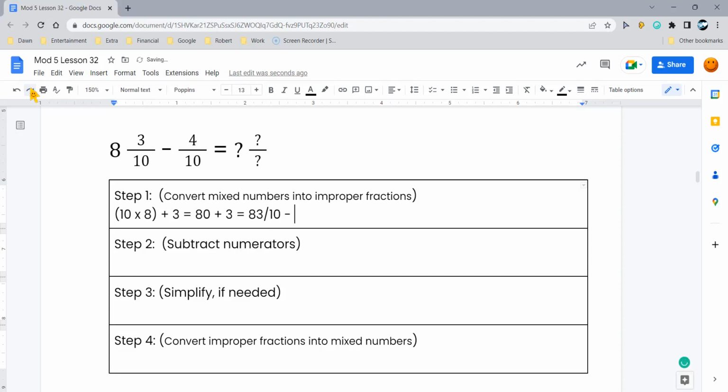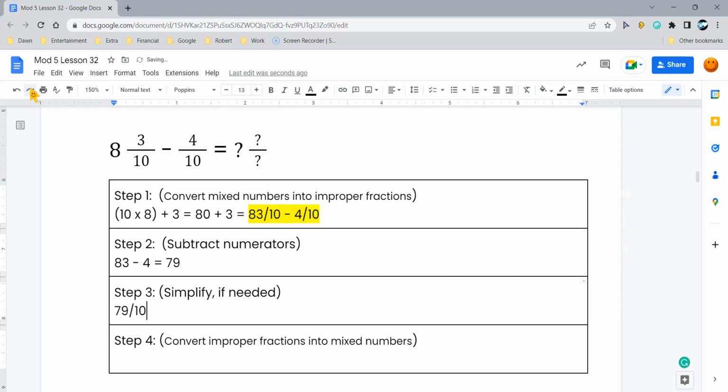I made a mistake, you guys. Subtract my 4/10. Highlight that to remind me that's my sentence I'm going to use. I'm going to write 83 minus 4, and 83 minus 4 is 79. And if you need to check it, you capture your 79 and count up to 83 and see if you have 4 fingers. And I see that I do.